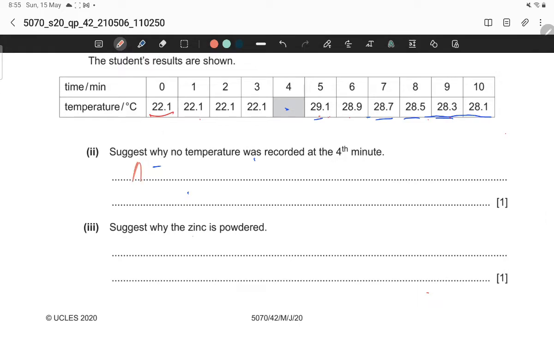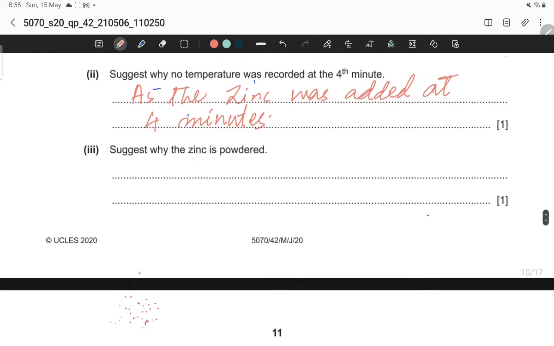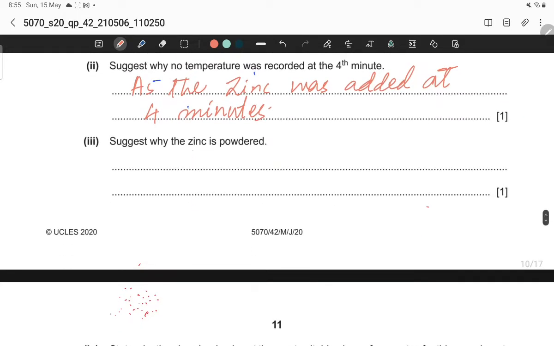Because the zinc was added at 4 minutes. Suggest why the zinc is powdered.